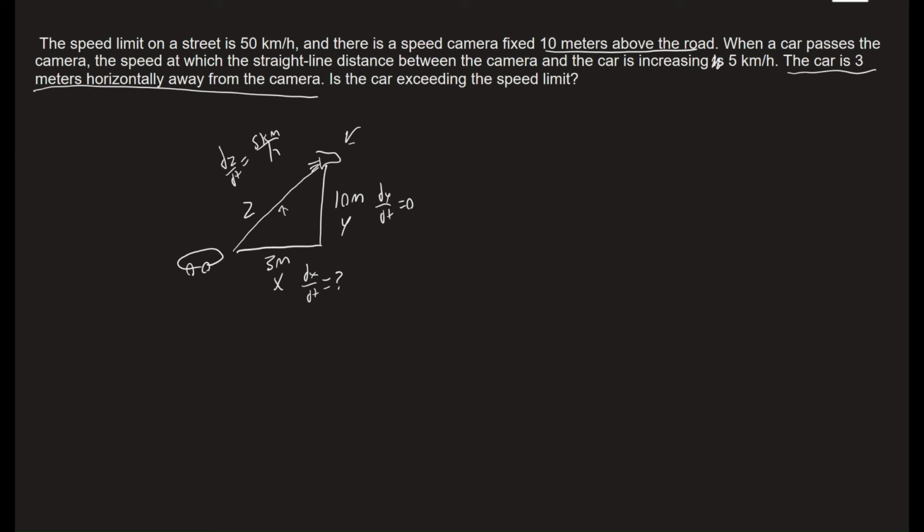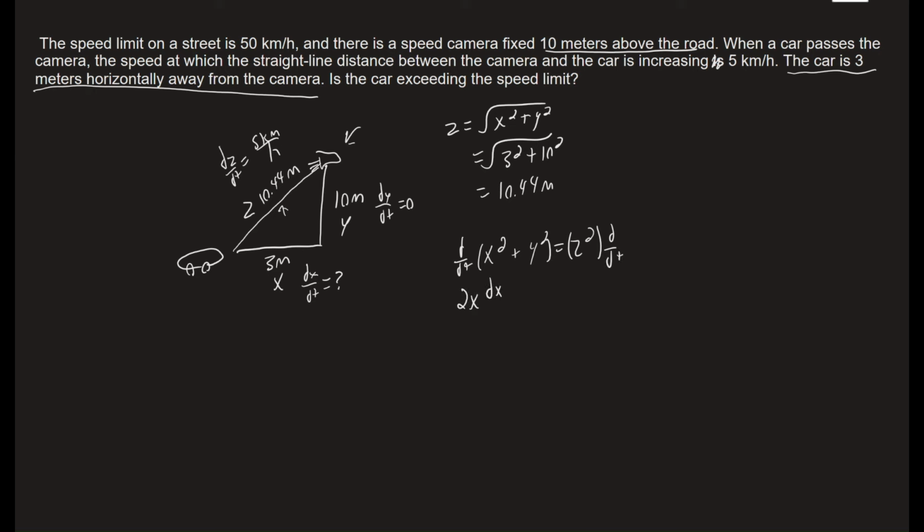So first let's find the side length z, because we're going to need that. So that's going to be the square root of 3 squared plus 10 squared. So that's 10.44 meters. Now let's set up Pythagoras, and let's differentiate with respect to time again.